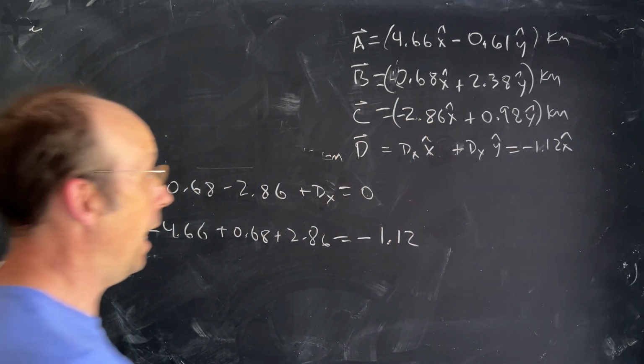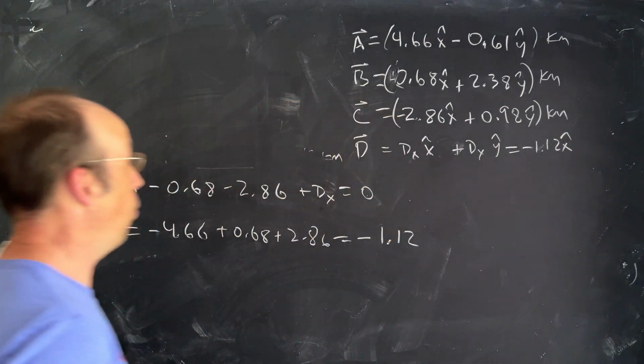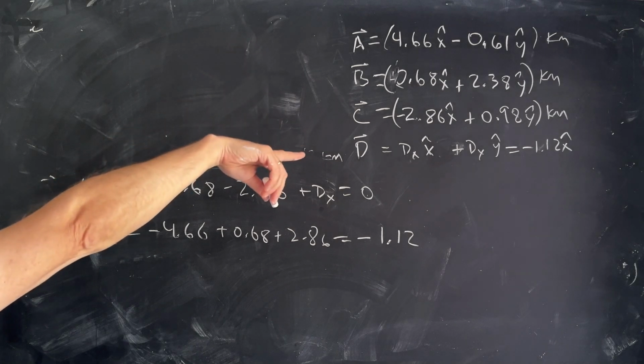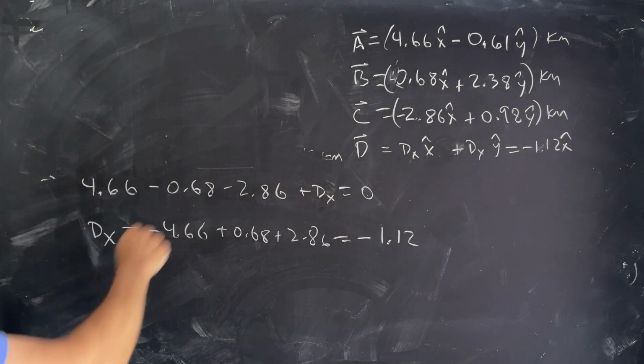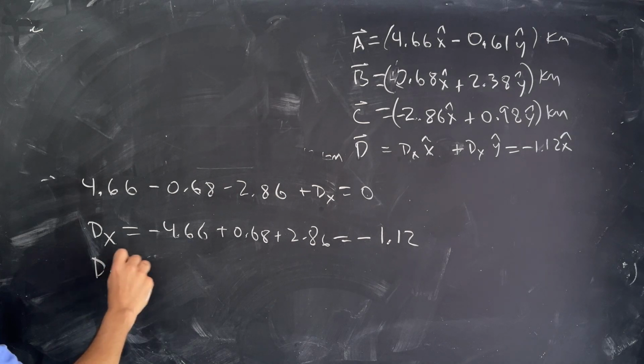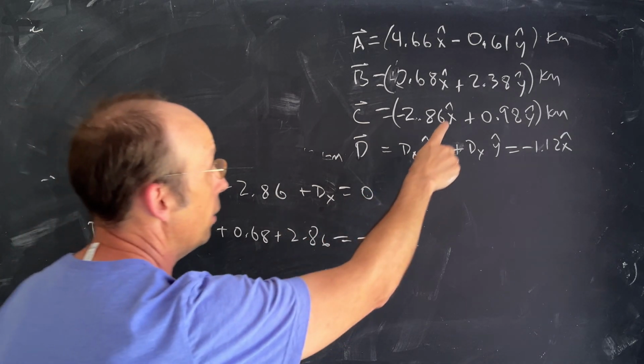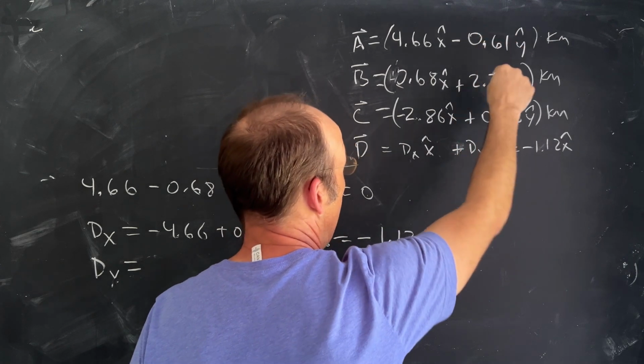And now I've got to get the y hat. I'm going to do the same thing, but for the y direction. So I'm going to add up all the y's plus dy is equal to 0. I can just skip a step and say dy is going to be equal to negative that, negative that, negative that.